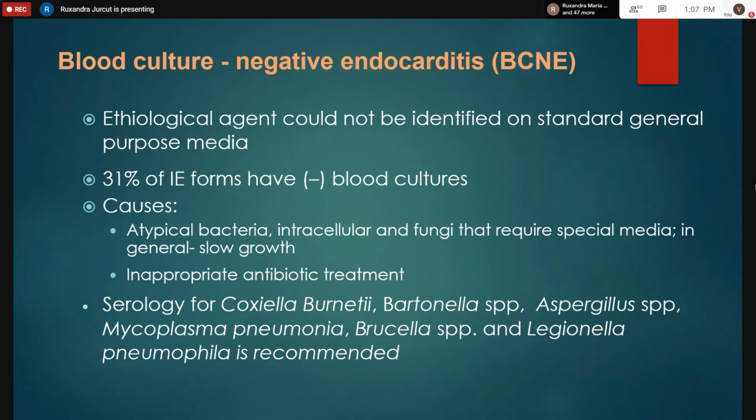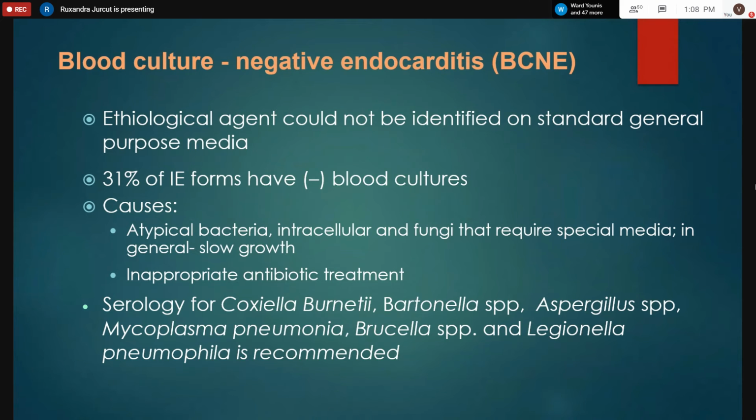We see the vegetation on the valve, there are high inflammatory parameters. The patient has fever, maybe even has osseous nodes or Janeway lesions. But still, when we grow the hemocultures, we follow them for 2 weeks, there is nothing growing on any hemoculture.